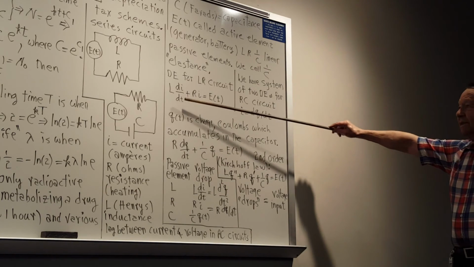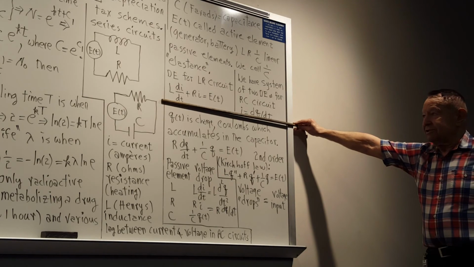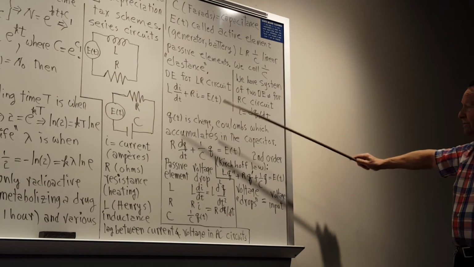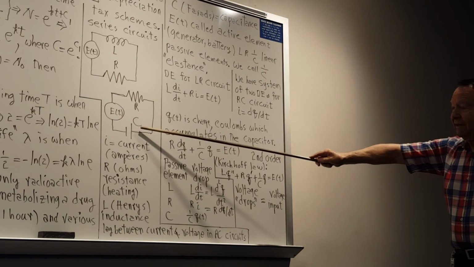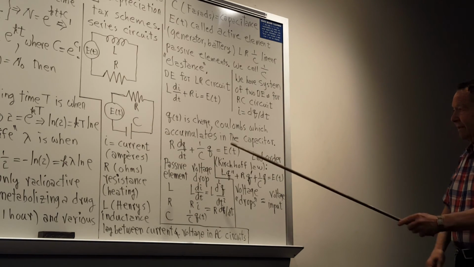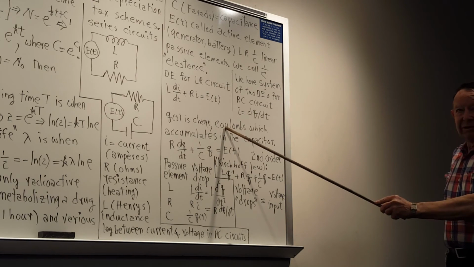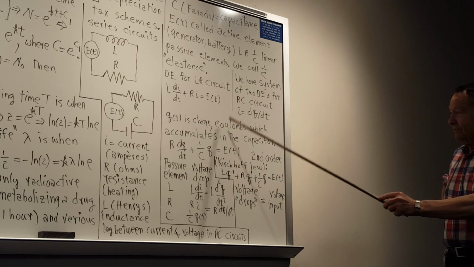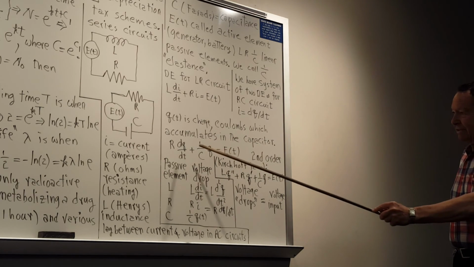And so you see this is a first order differential equation where the variable is the current. There is also one with the charge that enters in if you have a capacitance. If Q is charge, Q is in coulombs. Coulomb was a French physicist.